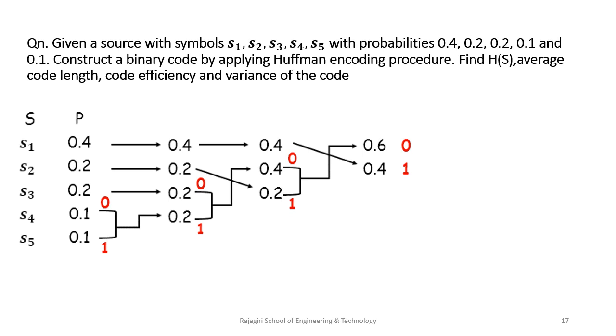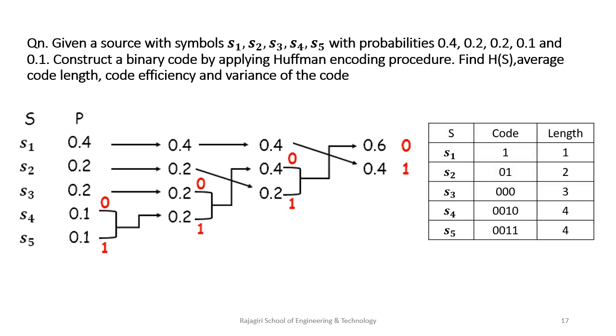This step is repeated till we are finally left with two symbols to which a 0 and a 1 are assigned. The code of each source symbol is then found by tracing the sequence of ones and zeros back to the source symbol. The table here shows the code formed corresponding to each source symbol. We will look into this in a little more detail.